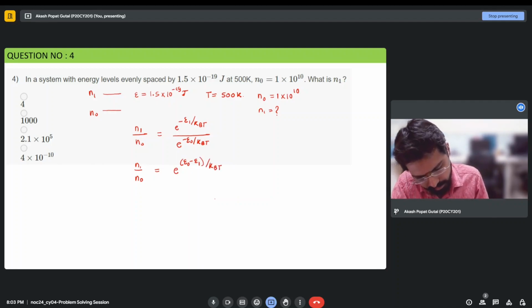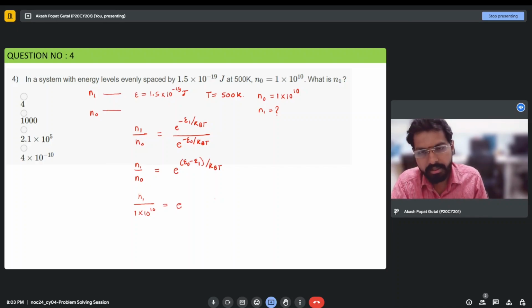So we know N naught is equal to 1 into 10 raised to 10. So N1 is 1 cross 10 raised to 10, and epsilon naught minus epsilon 1 is nothing but, as the N1 is higher energy level, this will be minus 1.5 into 10 raised to minus 19 divided by kBT.